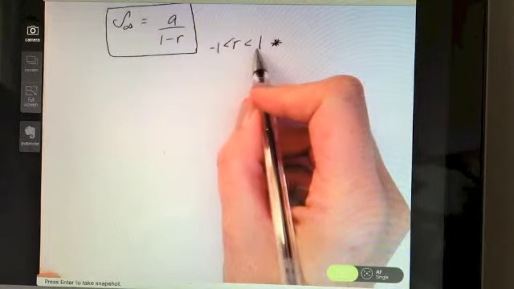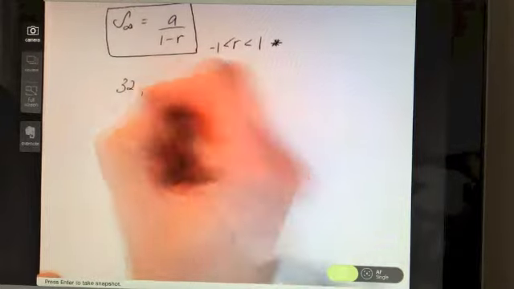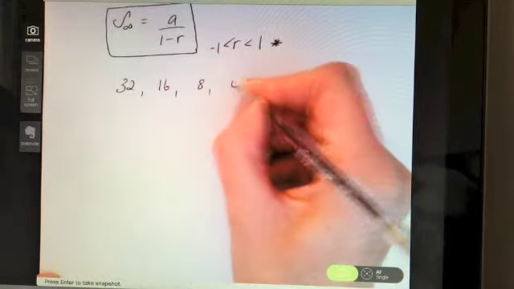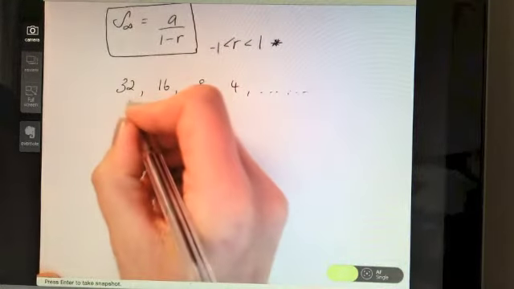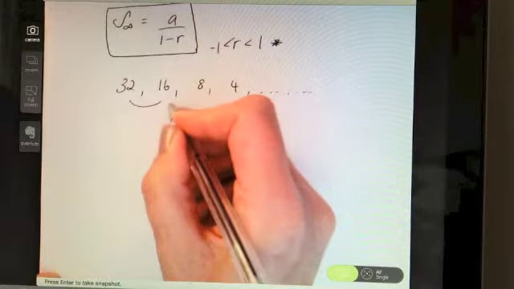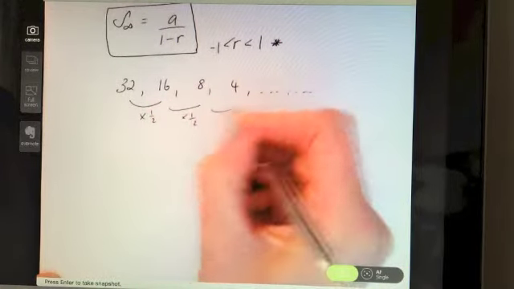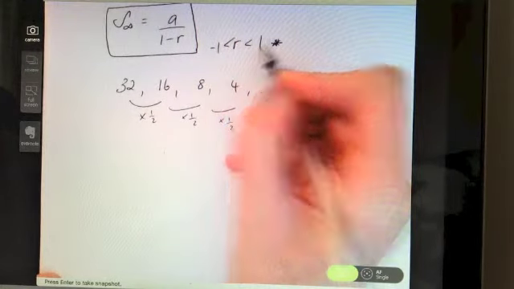Because what this means is, say you have the sequence 32, 16, 8, 4, and so on and so on. The common ratio, if you've spotted, is times a half. A half is between -1 and 1.